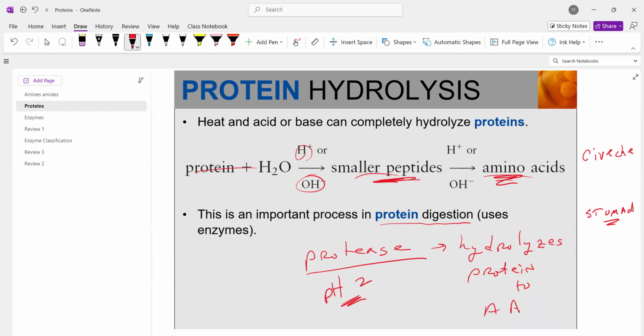After the antacid, the pH is no longer 2. The pH is 4, 5, or 6. However, a protease is designed to work with pH of 2. So your protein hydrolyzation process is affected in a negative way when you take an antacid.